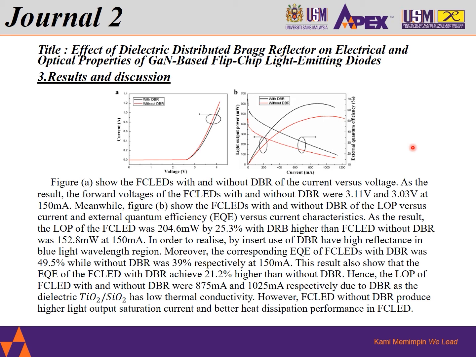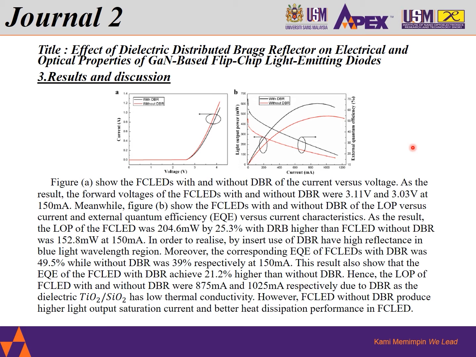As the result, the light output power of the flip chip LED with DBR was 204.6 milliwatt, 25.3% higher than the flip chip LED without DBR, which was only about 152.8 milliwatt at 150 milliampere. This is realized by the use of a DBR having high reflectance in the blue light wavelength region.